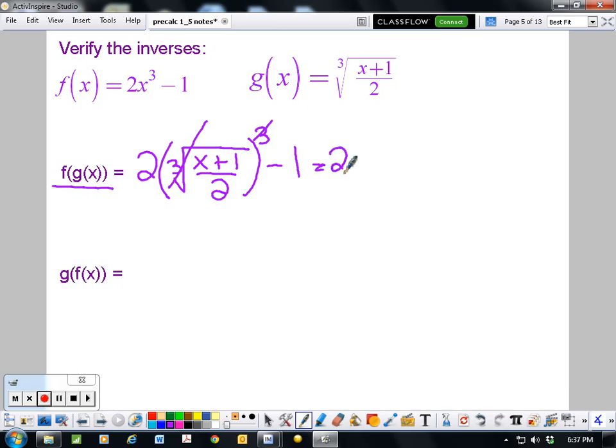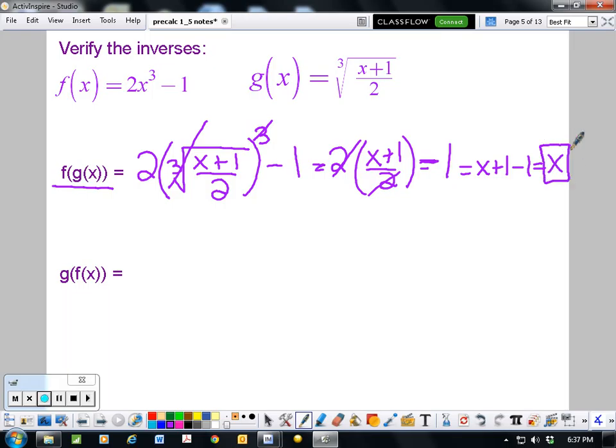So now I have 2 times x plus 1 over 2 minus 1. The 2 should cancel each other out. So now I have x plus 1 minus 1. The 1's cancel out, giving me x. So first step of verification done.